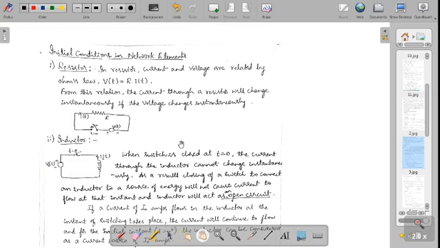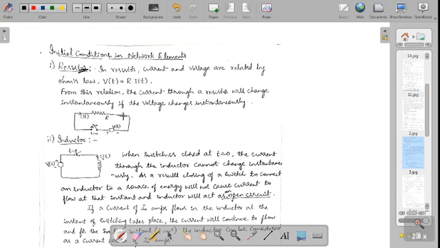Now let us consider the initial conditions in the network. The first thing is the resistor, V of t equals R into I of t. The current through a resistor will change instantaneously if the voltage changes instantaneously. What does it indicate? If the voltage is changing instantaneously, the current will also change instantaneously.